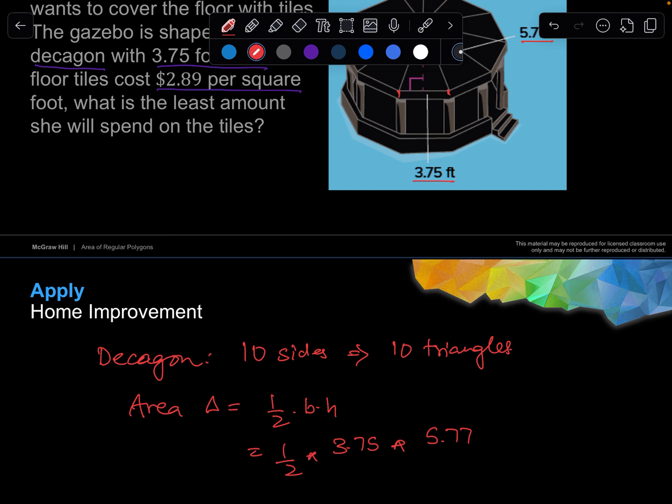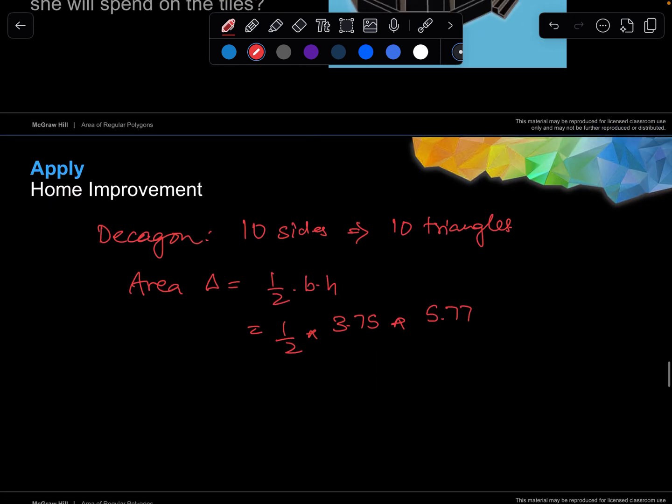So let's do this. 3.75 times 5.77, that is 21.6375, and half of that is 10.81875.